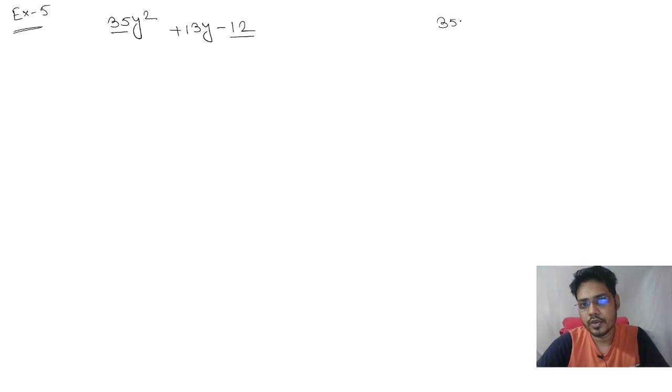Now do example number 5. In example number 5, it is given 35y square plus 13y minus 12. First you have to multiply 35 with minus 12, which gives you minus 420.